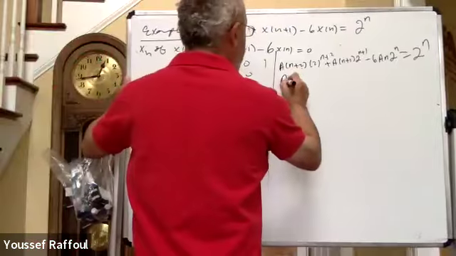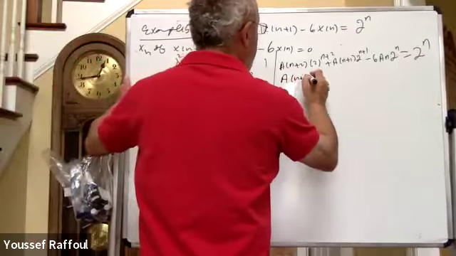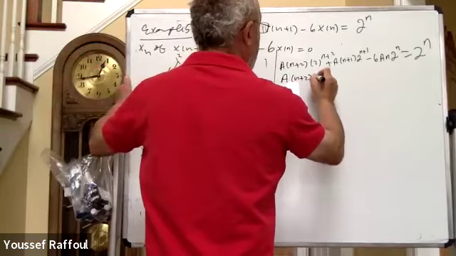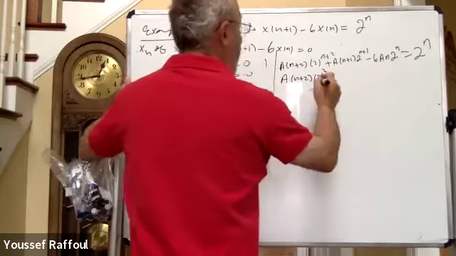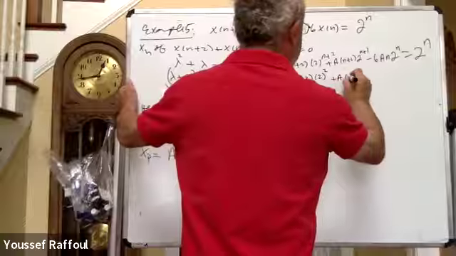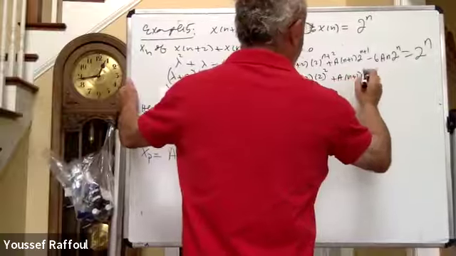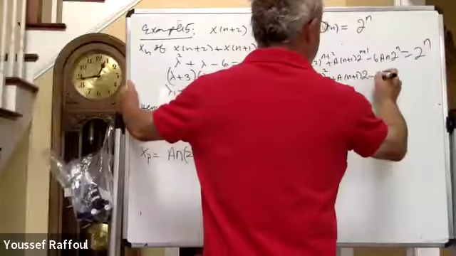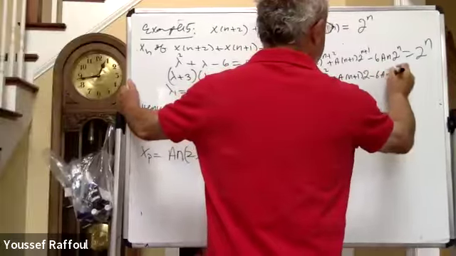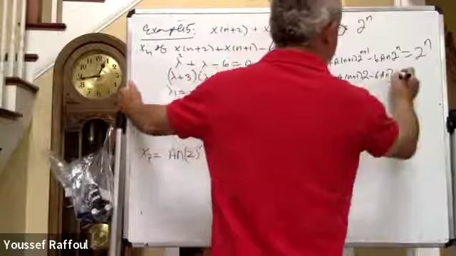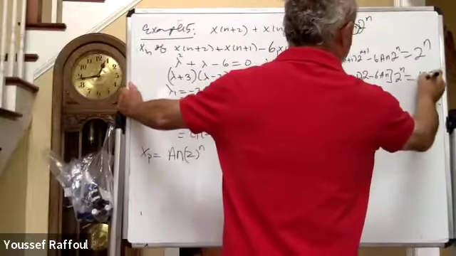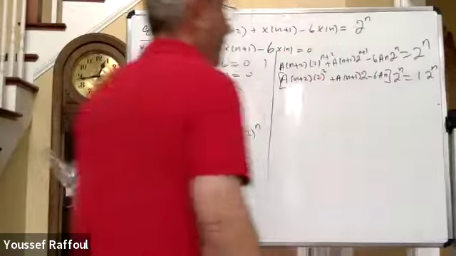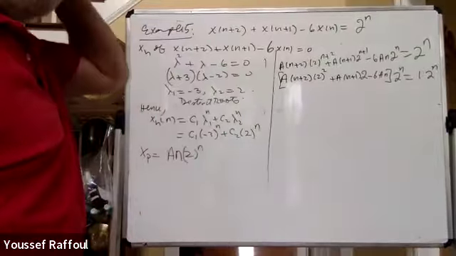So this is a(n+2) times 2 squared plus a(n+1) times 2 minus 6an times 2 to the power n equals 1 times 2 to the power n, because 2 to the power n can be written as 1.